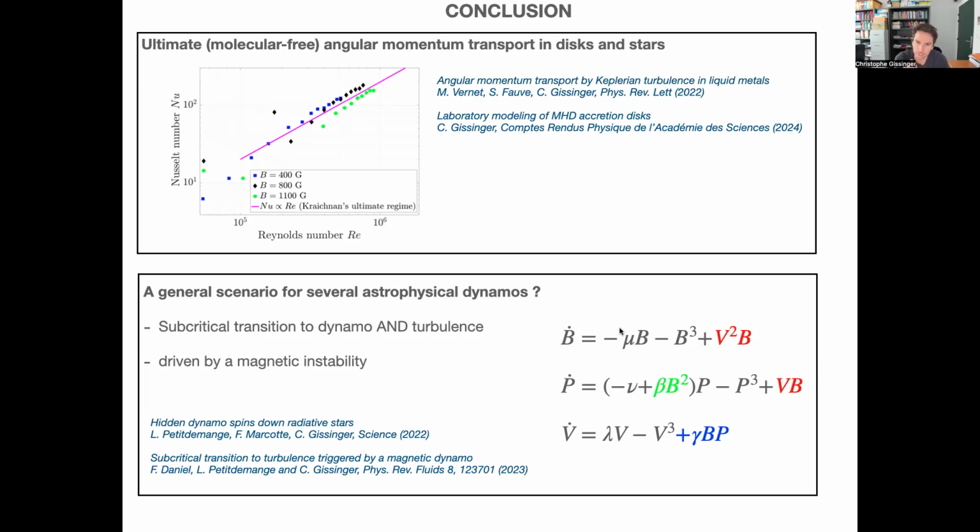And the second part is just trying to motivate people to use this approach to make some prediction on the dynamics, on the transition to turbulence in this astrophysical system, that I think might be very helpful. And I will stop here.